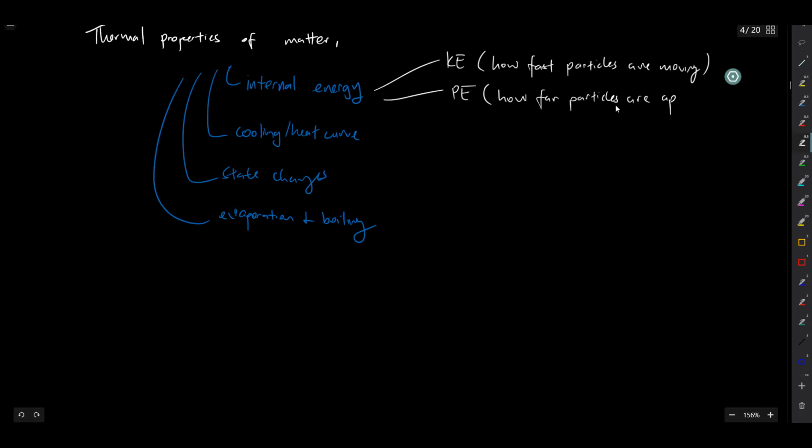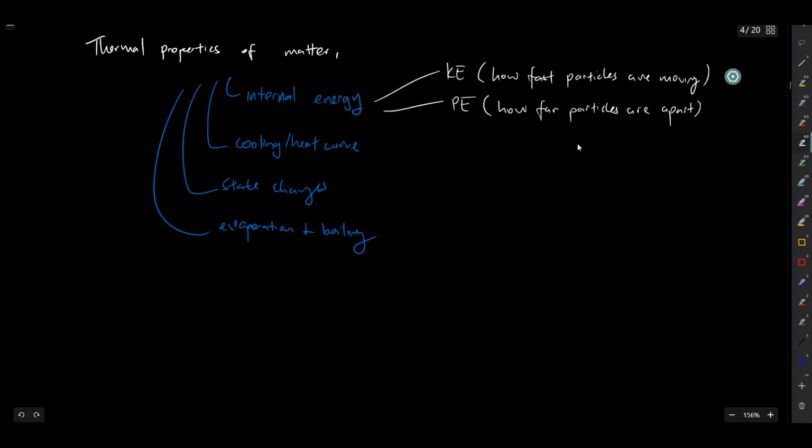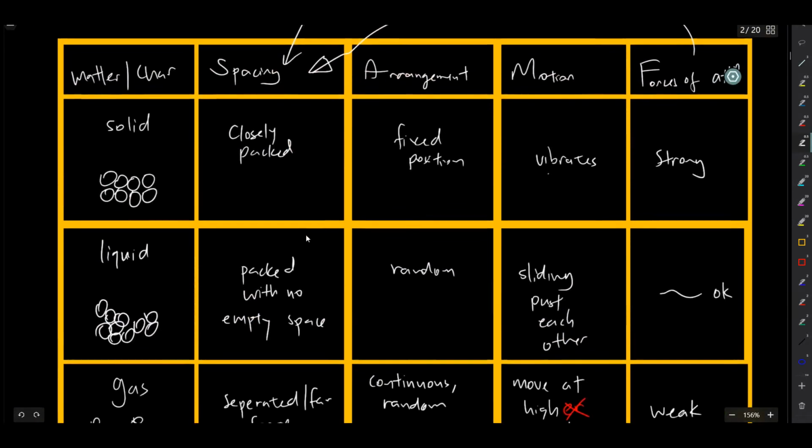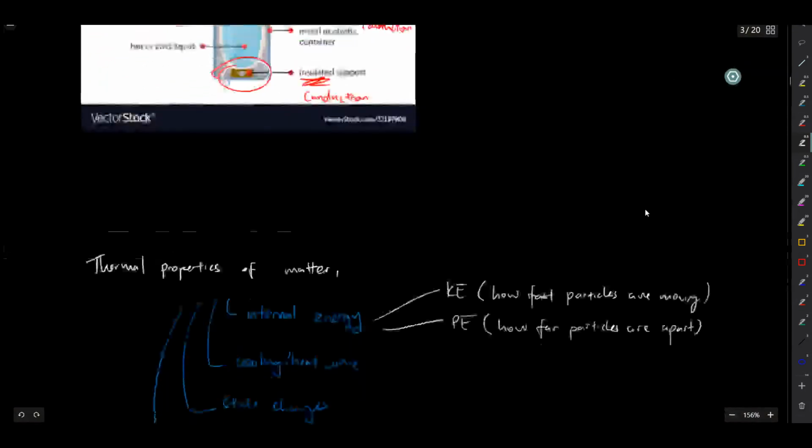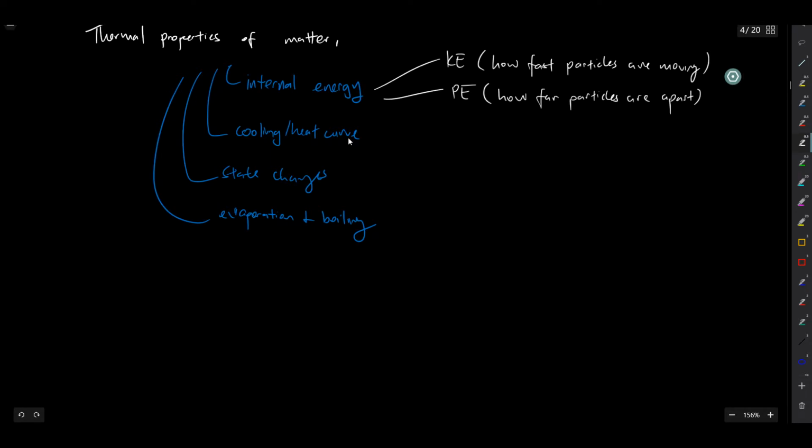If you recall what I taught you about the kinetic model earlier, how they are moving is about their motion, and how far they are apart is about spacing and arrangement. That sums up the energy system of a particle inside a solid, liquid, or gas. So we always look at their KE, how fast they are moving, and their PE, how far they are apart.